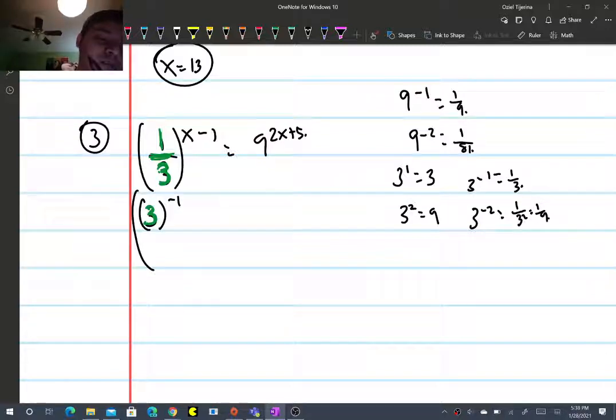Now this is still going to be to the x minus 1 power.